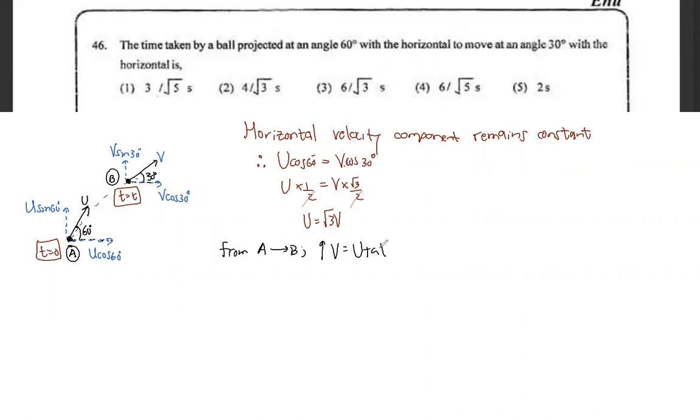So the upward velocity is v sine 30, equal to the upwards initial velocity u sine 60, plus acceleration, which is going to be minus 10 because gravity will act downwards, into t. So I'm getting 10t is equal to u sine 60 minus v sine 30.